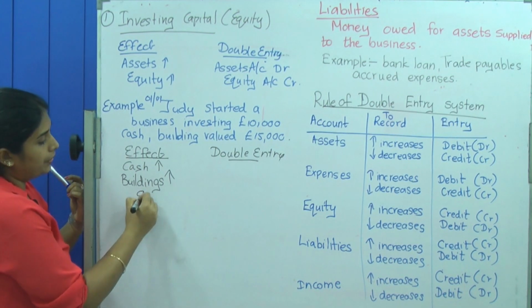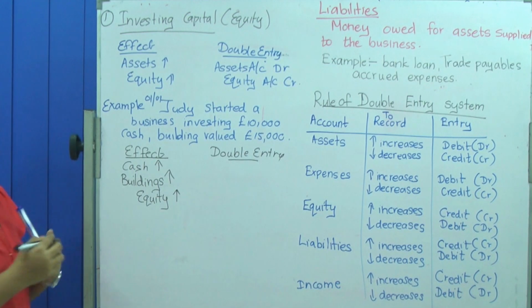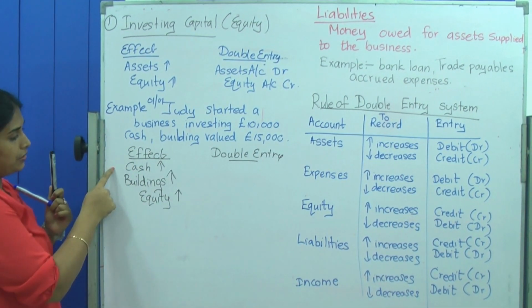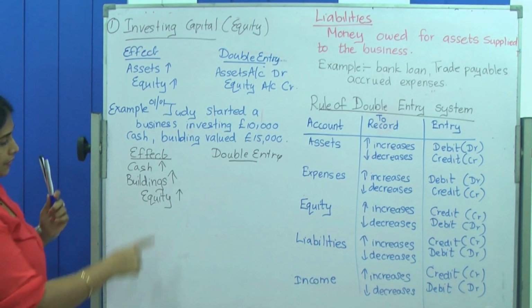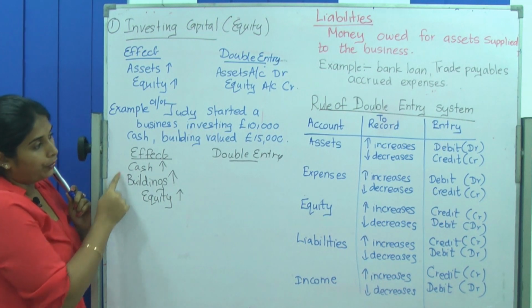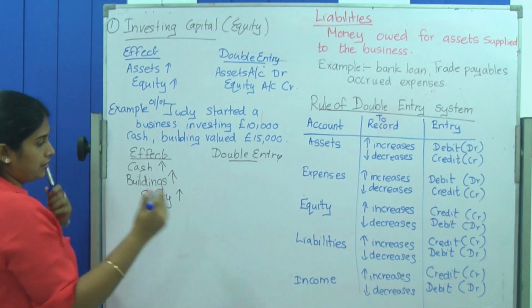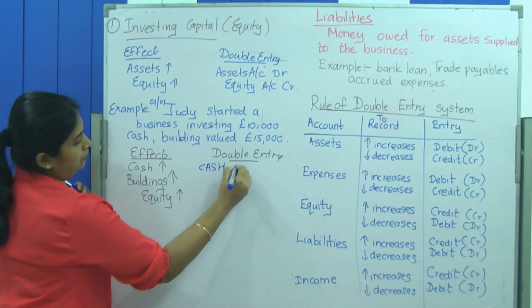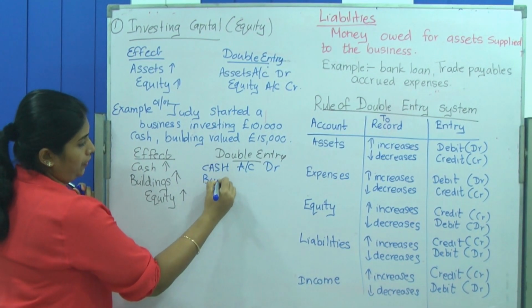These both come under equity because at the very beginning the owner is investing. So when you invest cash and a building, cash increases, building increases, as well as equity increases. Cash and building are both assets. So both assets, when they increase, are debited. That means the cash account is debited and the building account is also debited.